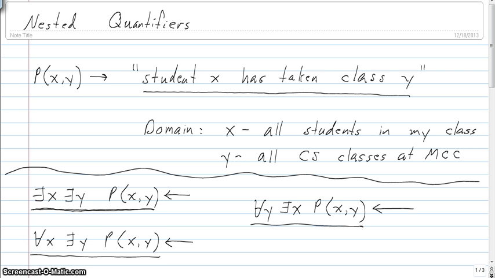Right, so those types of problems are helpful just for getting an idea of how the nested quantifiers work. But of course, we ultimately want to apply these ideas to more mathematical statements.